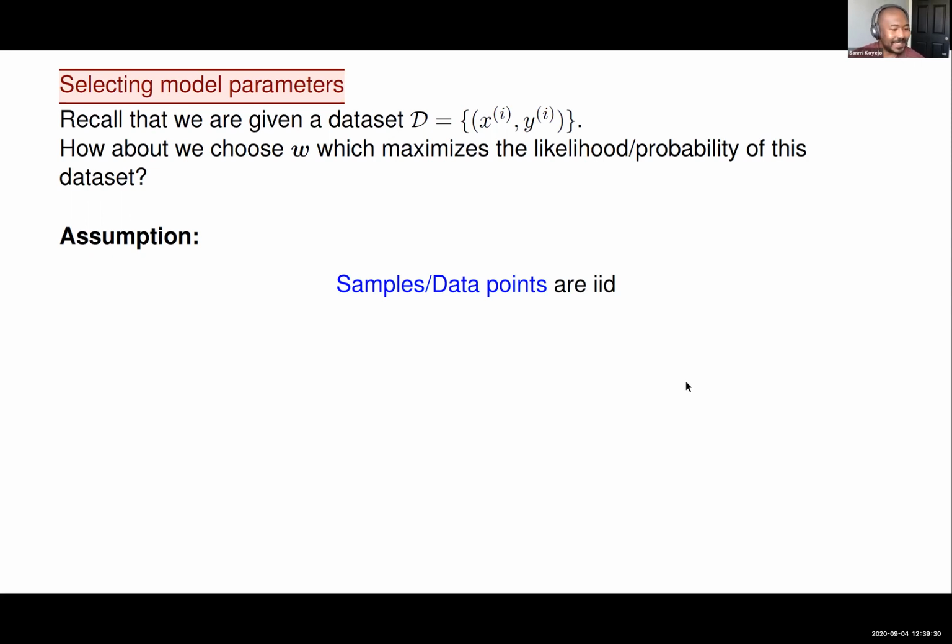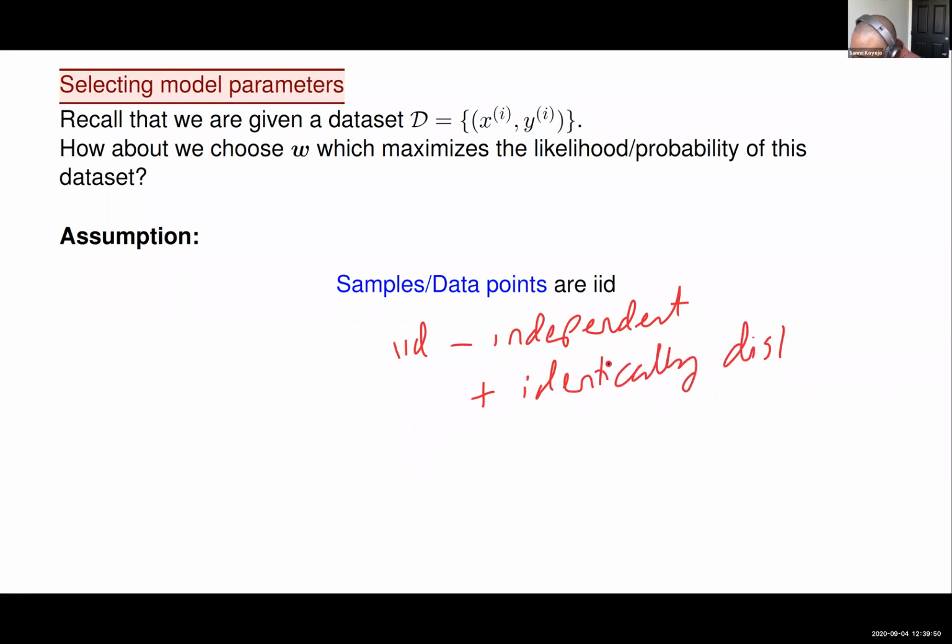Maybe that's a good thing to define. Okay, it's in the chat. It's independent and identically distributed.